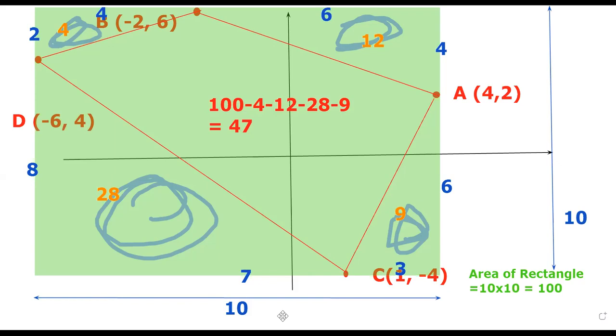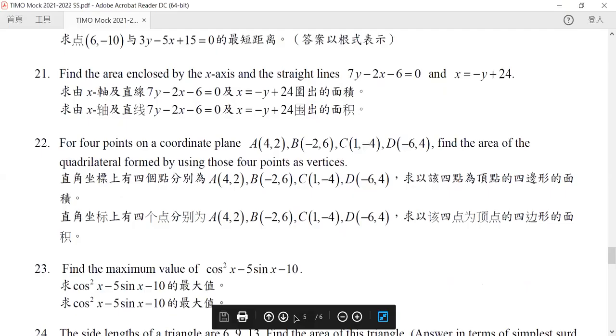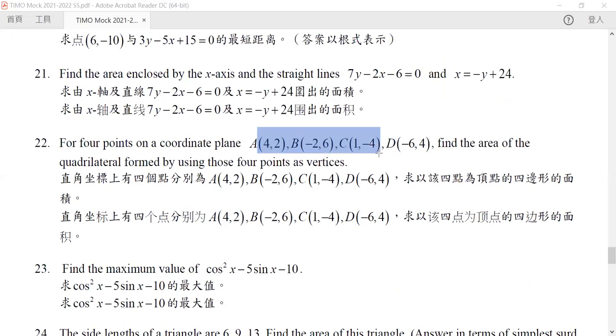Now, the other way of doing this is to separate this into 2 groups. You can calculate the area formed by this triangle, and then the area formed by this other triangle, because these 2 triangles combine to form the whole quadrilateral.